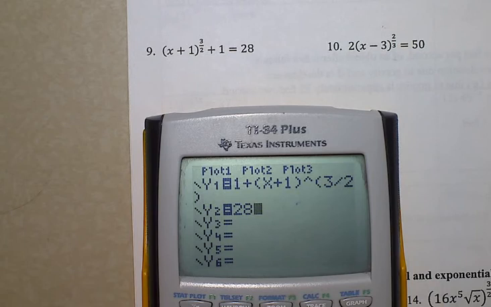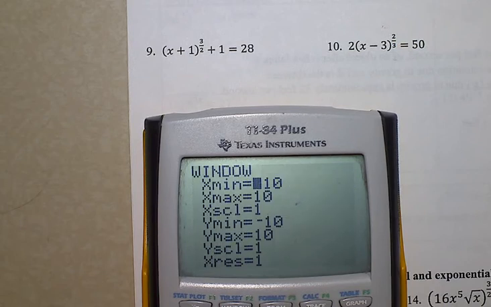Remember, when your y sub 2 is 28, that means you're going to have a horizontal line way up at y equals 28. So adjust your window so that you can see that.